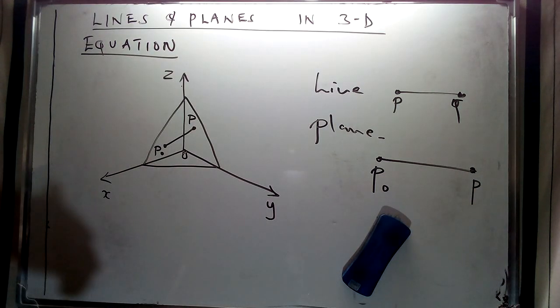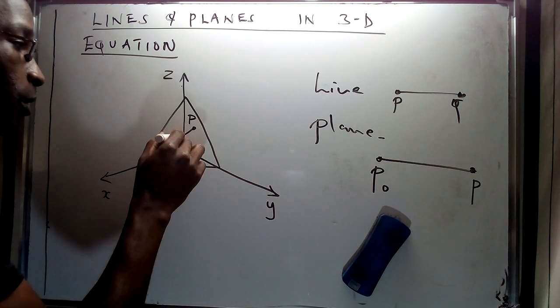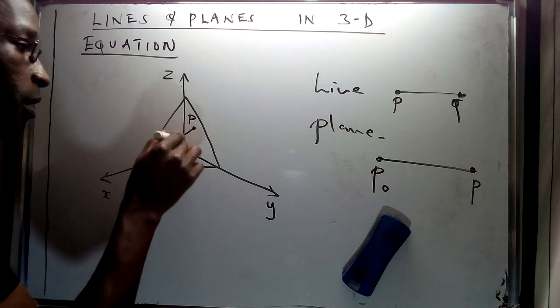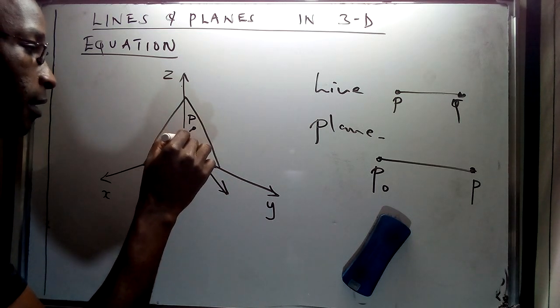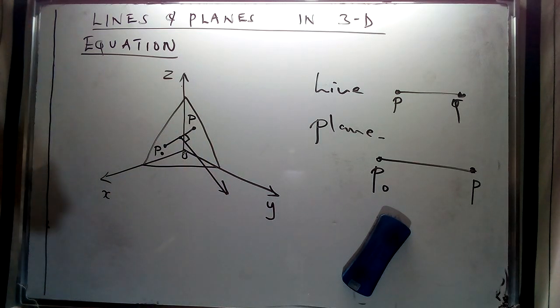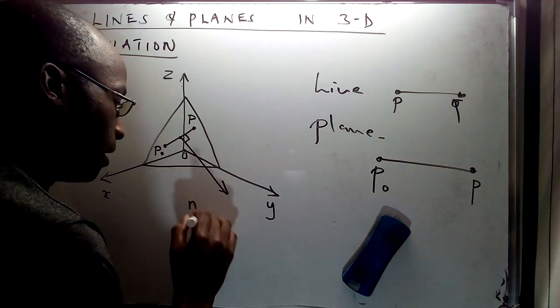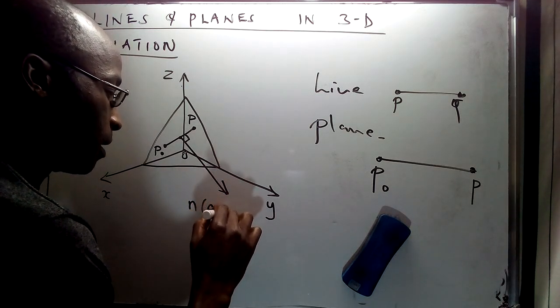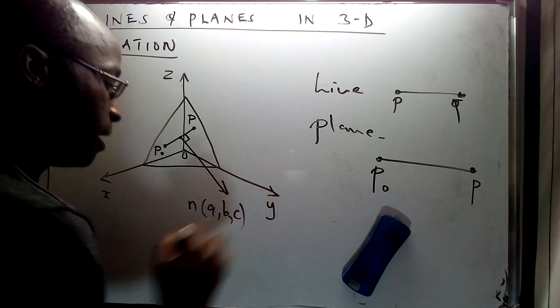Suppose there is another line which is normal to this plane. Normal means that it's going to form a right angle in this specific case, and this line is going to form a vector which we can define as a normal vector (A, B, C) given as such.